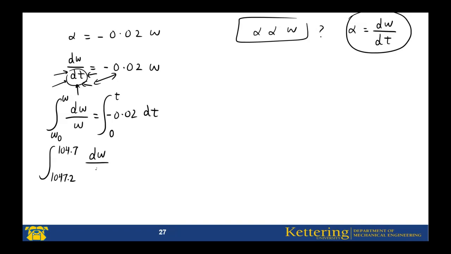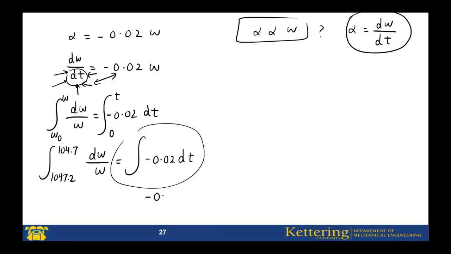The integral of d omega divided by omega equals this. The right-hand side of this integral is minus 0.02 dt from 0 to t. But for the left-hand side of this integral, we need to find the integral.